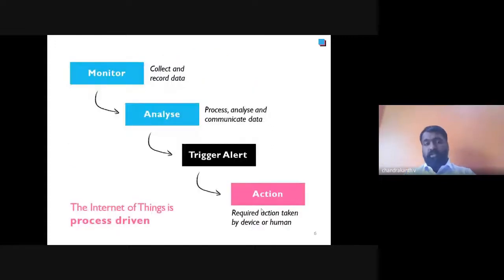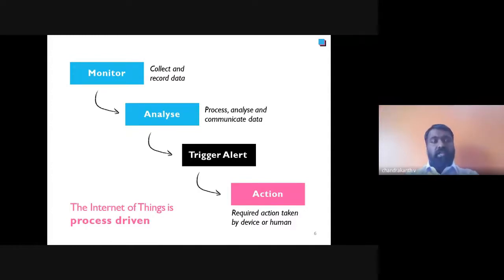So basically, how does this IoT work? IoT is Internet of Things. I already know that. It basically works on three to four things. First is monitoring. How do you monitor a subject, or how do you monitor anything? That is based upon sensors.